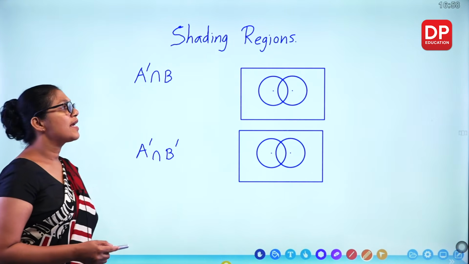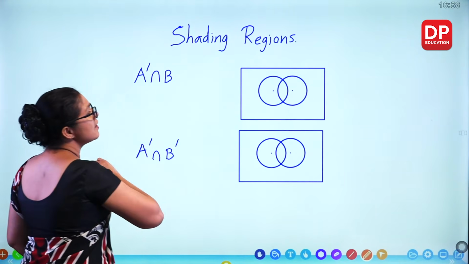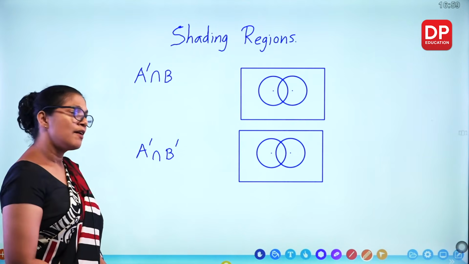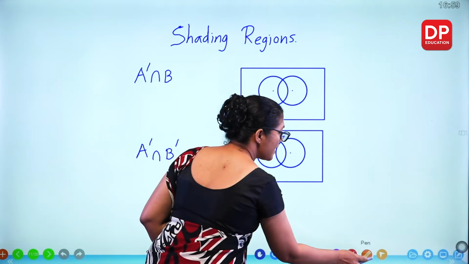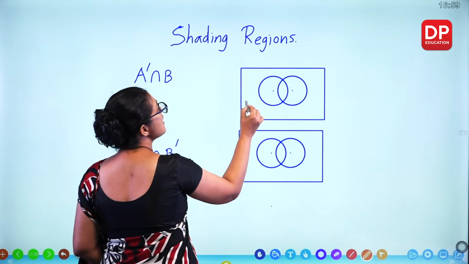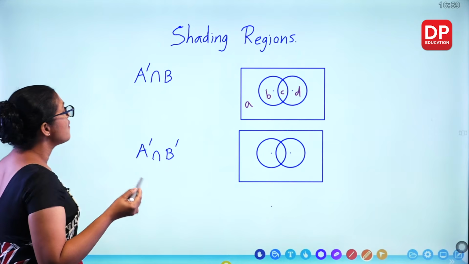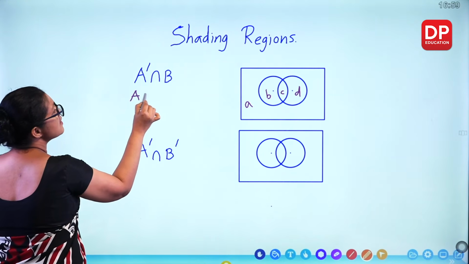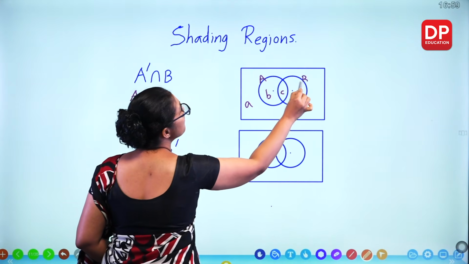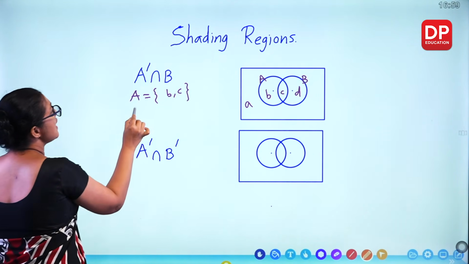Now we'll see how we can shade regions. Now this is given two sets and you are asked to shade A dash intersection B. What's the method I taught you in grade 10? You can label any region as A, B, C, D. And then using that you just write down the elements. What's element A? If this is A and this is B, A is B, C. What's A dash then?